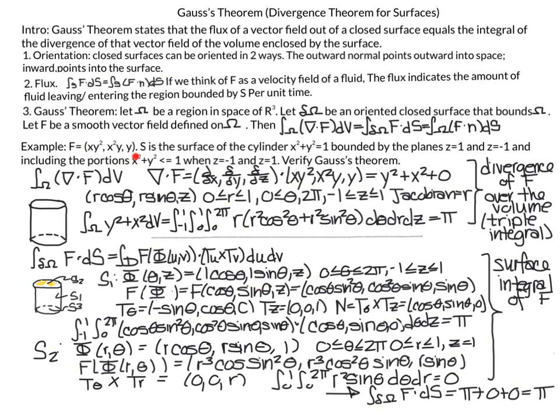Then f up here in our problem statement, the second coordinate will be x squared y. So down here in our f composed of phi will be x squared y. That'll be cosine squared sine theta. And then finally, the last coordinate will be y, so that will be sine theta.